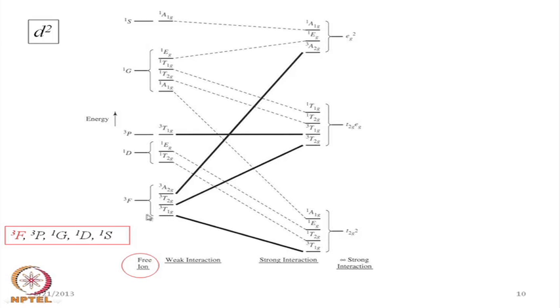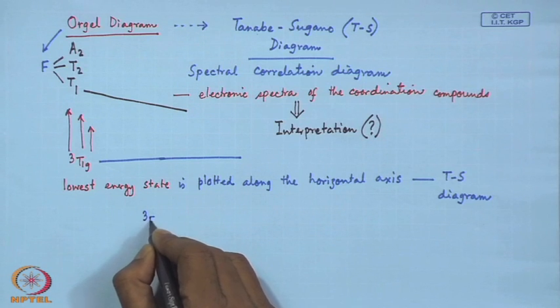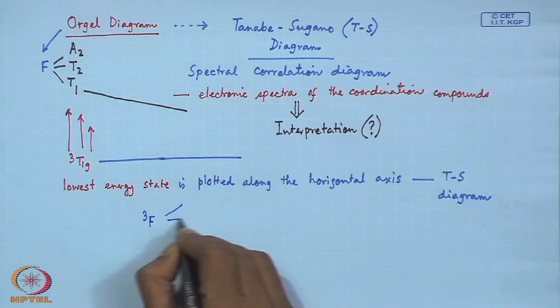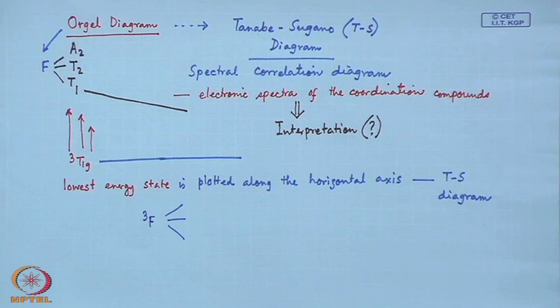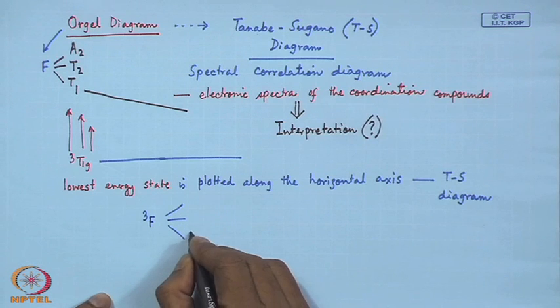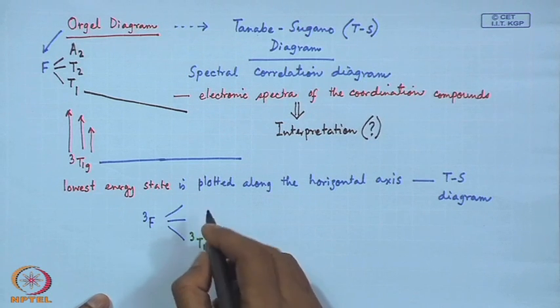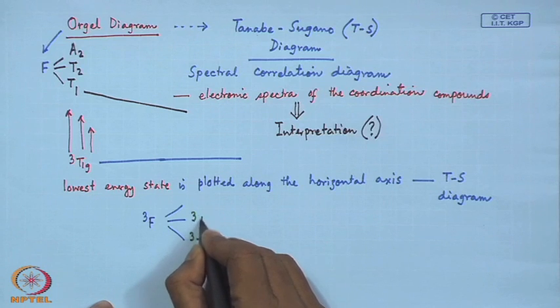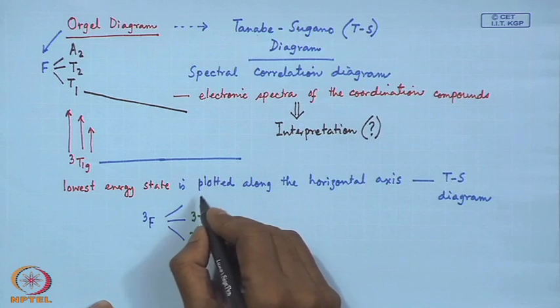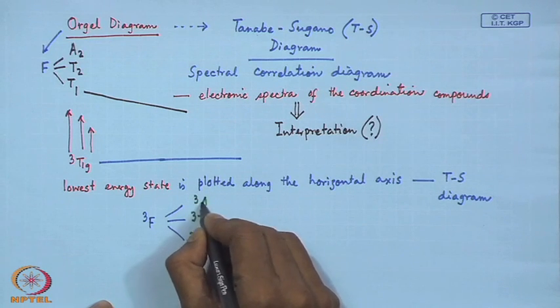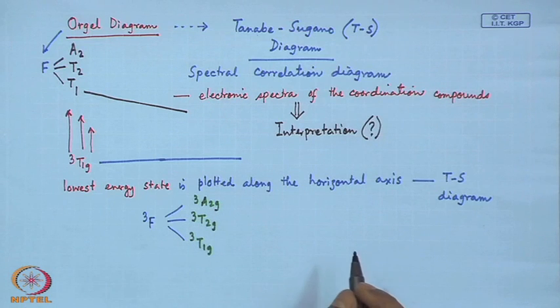So, altogether if we consider this 3F term, it splits into 3T1g, 3T2g and 3A2g terms.